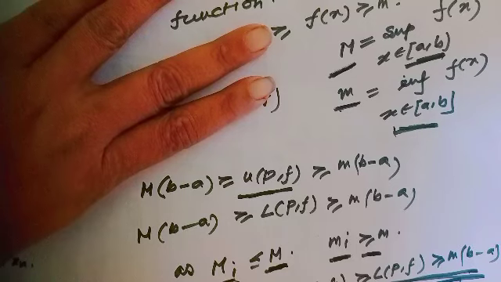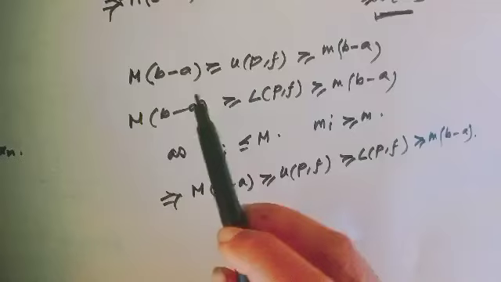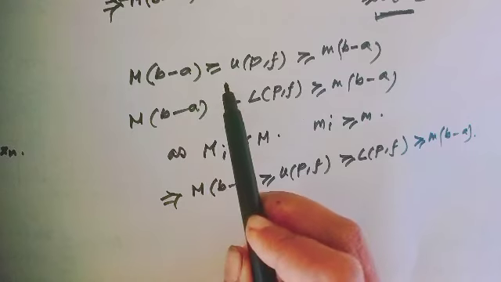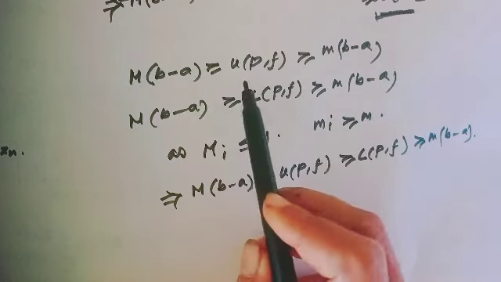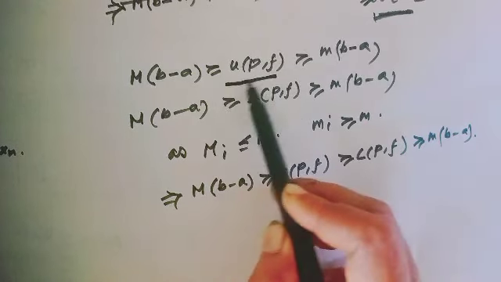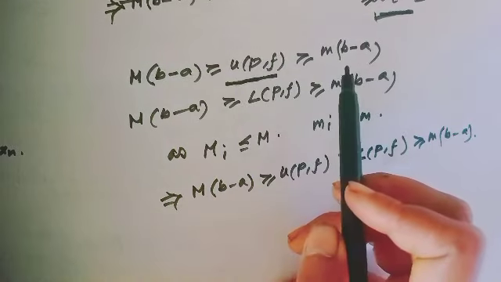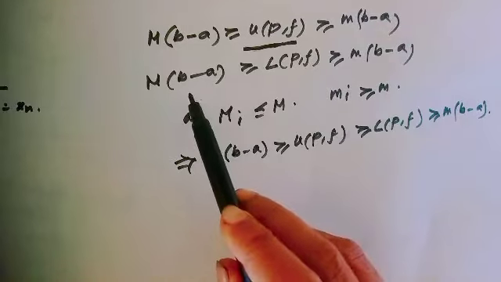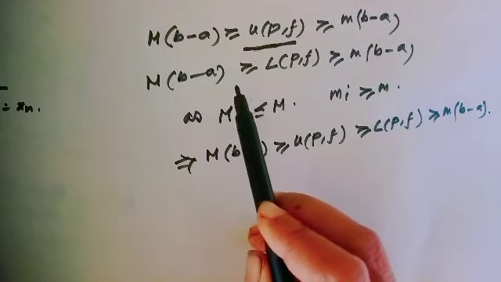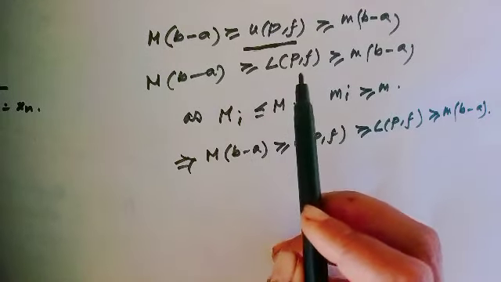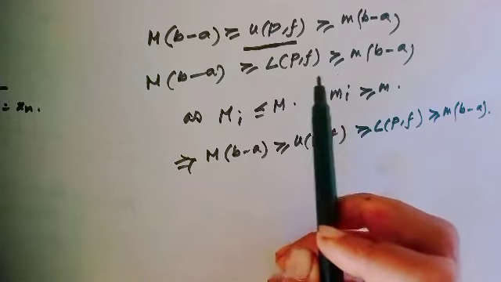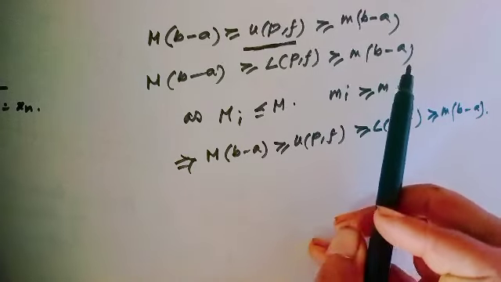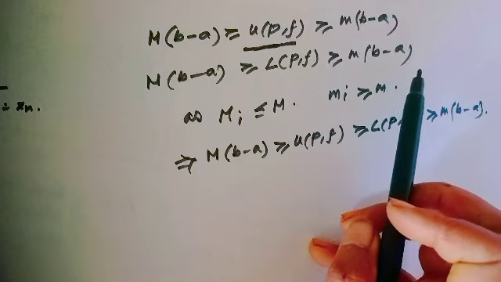One relation will be established: capital M times (b minus a) is always greater than or equal to UPF, and UPF is always greater than or equal to small m times (b minus a). Also, capital M times (b minus a) is greater than or equal to LPF, and LPF is greater than or equal to small m times (b minus a).